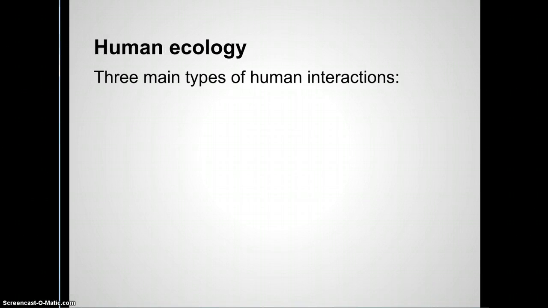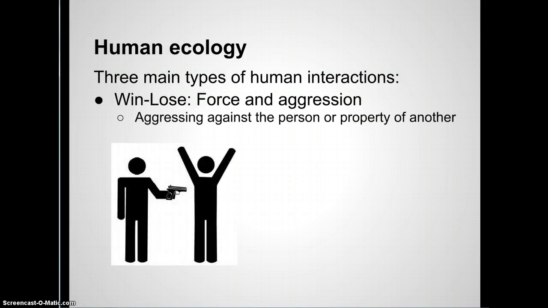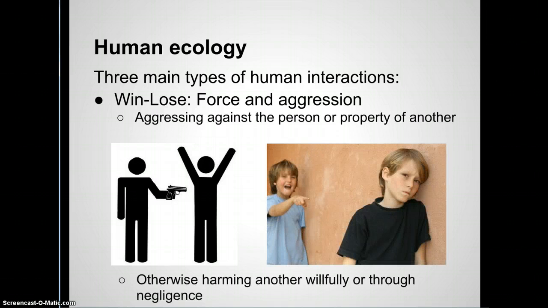And likewise, for humans, there are three main types of interactions that we could point out. There's win-lose relationships. These might involve force and aggression, aggressing against the person or property of another person. Or they might involve otherwise harming another willfully or through negligence, like in a bullying type of situation.